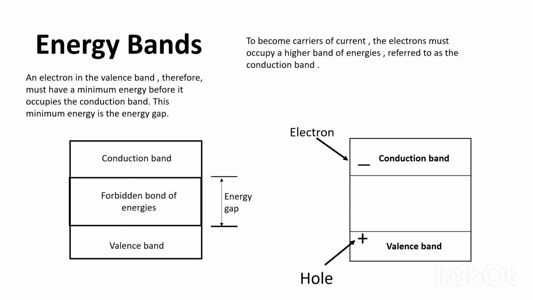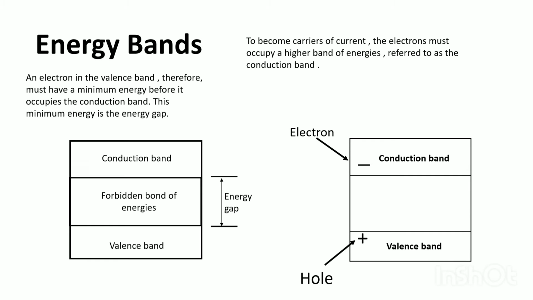No electron, however, can ever occupy a region referred to as the forbidden band of energy. Also see the diagram. The forbidden band separates the valence and conduction bands. An electron in the valence band therefore must have minimum energy before it occupies the conduction band.